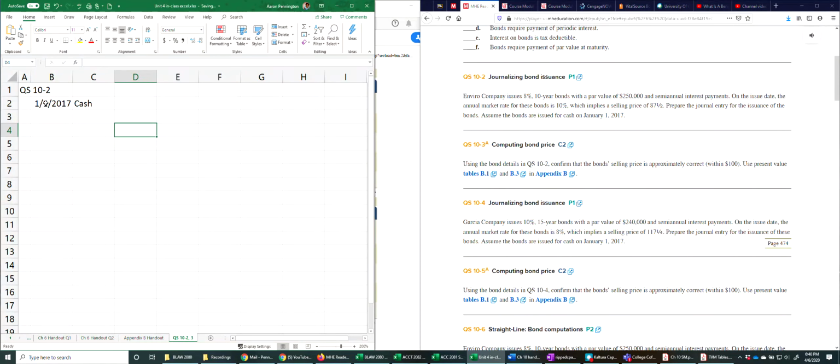And we're going to put a liability on the books. So if you issue bonds with a par value of $250,000, that $250,000 represents the amount that Enviro Company is going to have to pay back at the end of 10 years or at the maturity date. So we're going to put that on the books as the long-term liability.